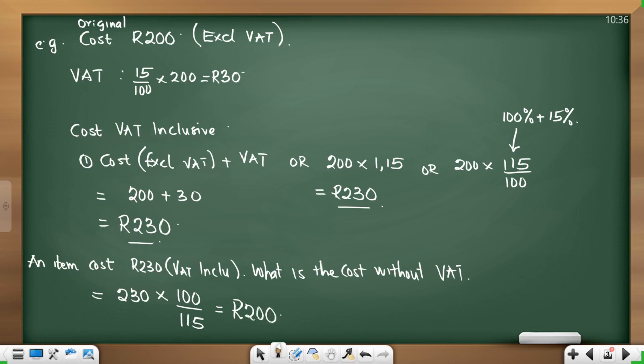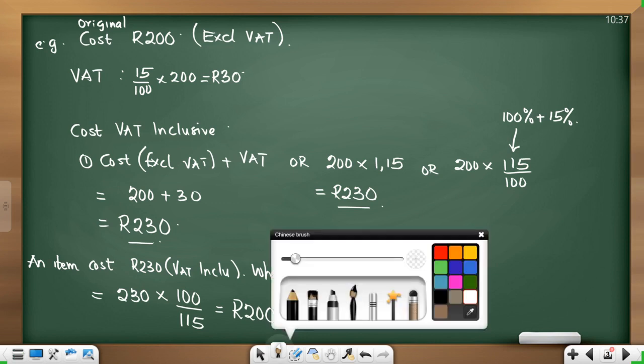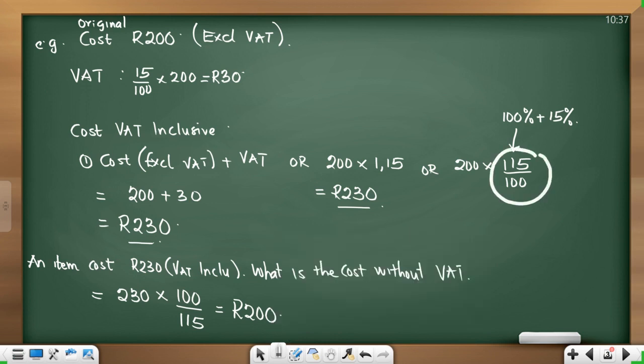Please watch that again, write that note down, and know what to do and when to do it to get what you want. If I am looking for the VAT inclusive, it's either 115 over 100, or I multiply by that, or the original multiplied by the VAT value itself.